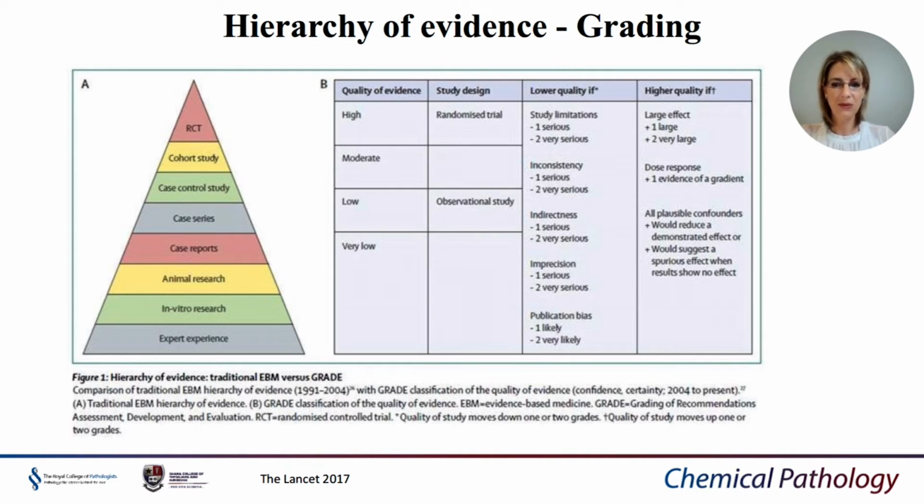And as we can see on the right, there were certain factors that were included that determined the quality of evidence, whether it was high, moderate, low, or very low. Study design did play a role, but was influenced by the study limitations, and also the scoring could either increase or decrease according to the quality factors that were identified.